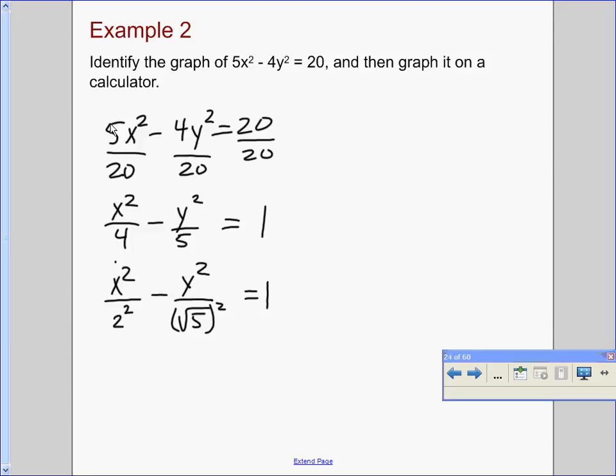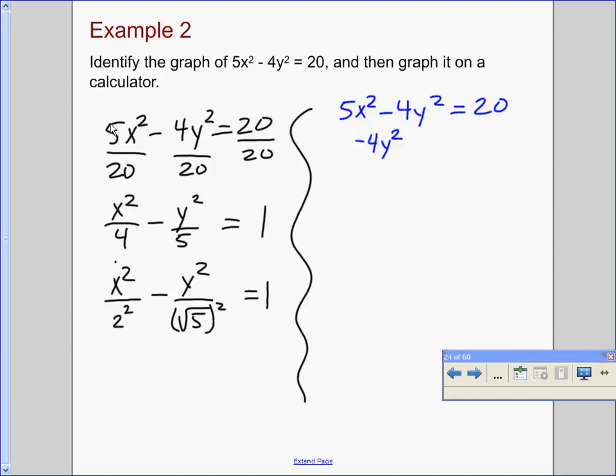Now, when we go to graph this on the calculator, we have to look at a different form of the equation, all right? What we need to look for is we need to solve for y. So let's work on it again for our calculator. We've got our 5x squared minus 4y squared equals 20. I'm going to say solve for y. So I've got negative 4y squared equals negative 5x squared plus 20.